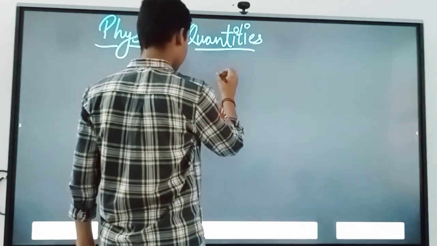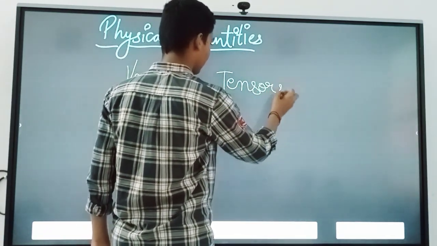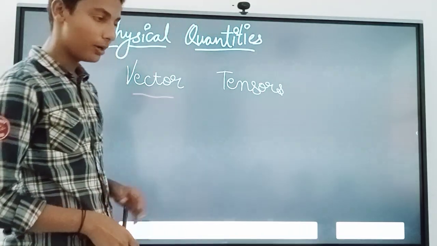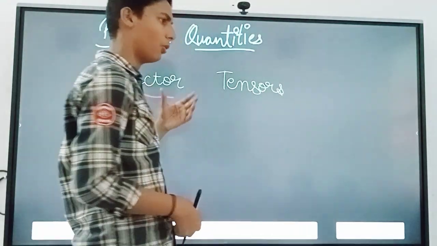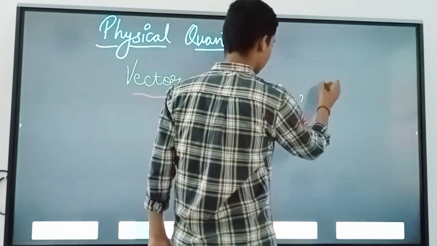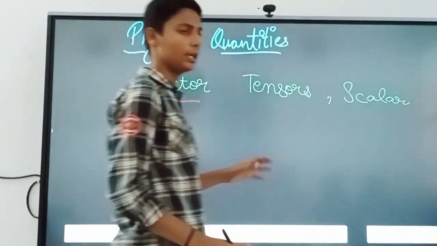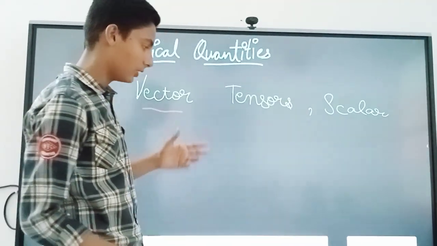And the second is tensors, the quantity that has no magnitude and no direction. The third is scalar quantity, a quantity which has only magnitude but not direction.